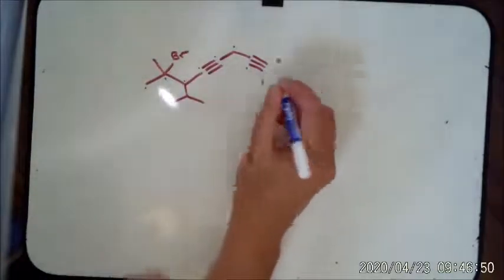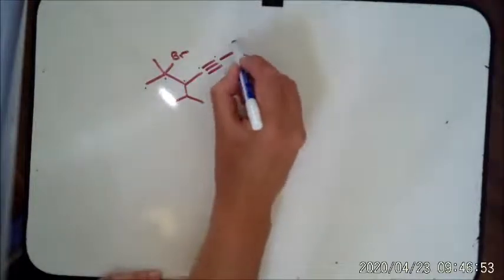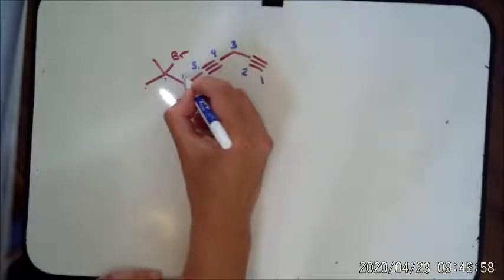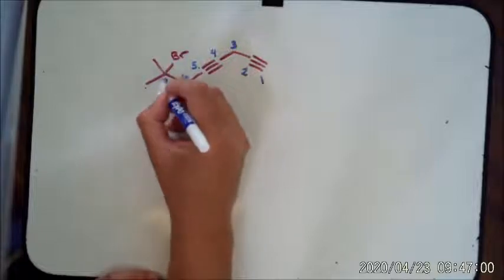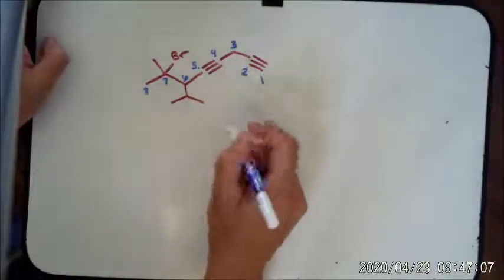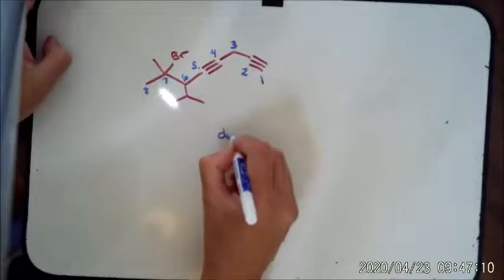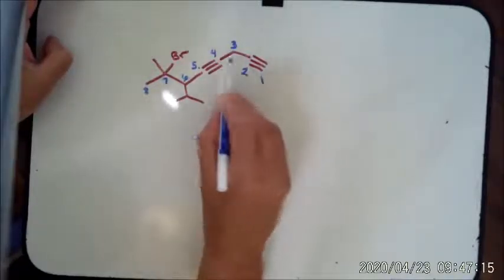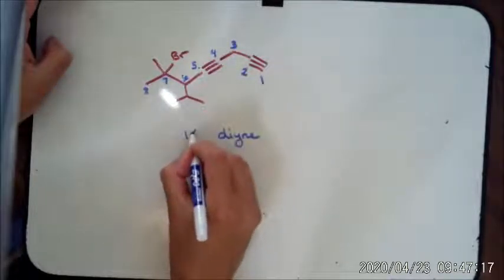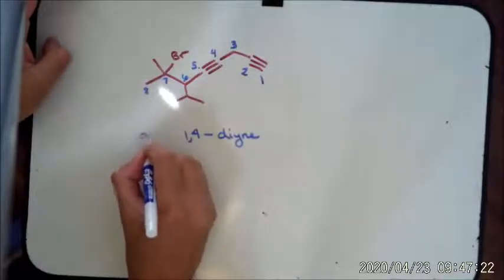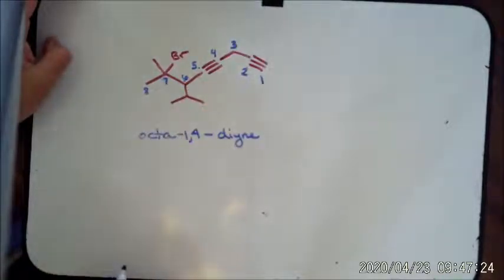So we're going to do 1, 2, 3, 4, 5, 6, 7, 8. Okay, so now I have a diene because I have 2 of them. One is at the 1 position, the other is at the 4 position. Okay, so I have 8 carbons, so I have an octa-1,4-diene.